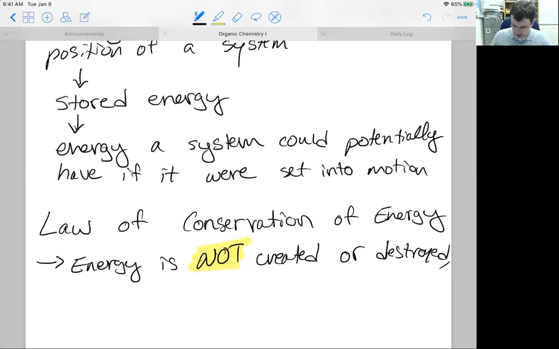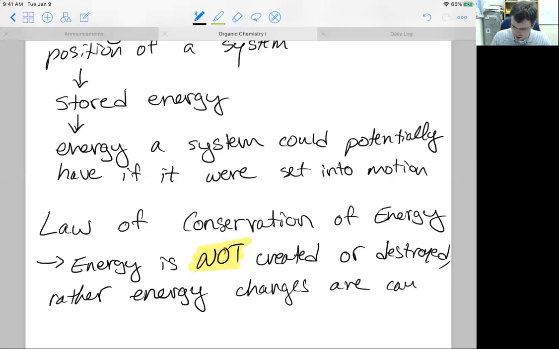That is to say, rather, energy changes are caused by a transfer of energy.